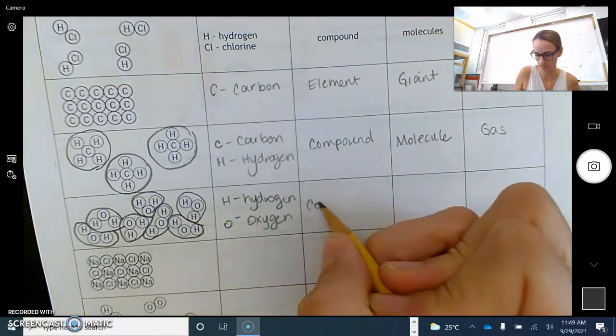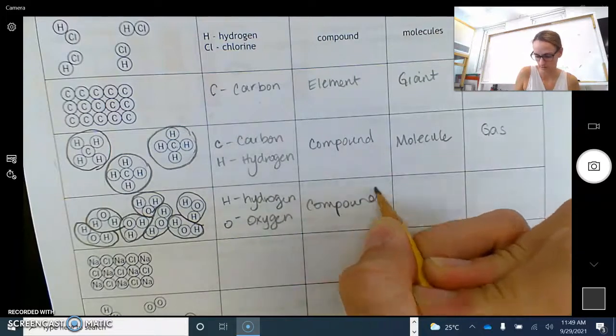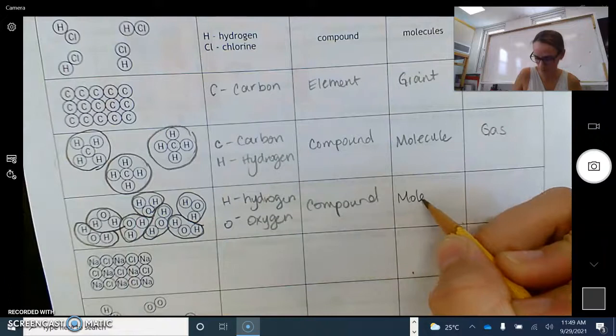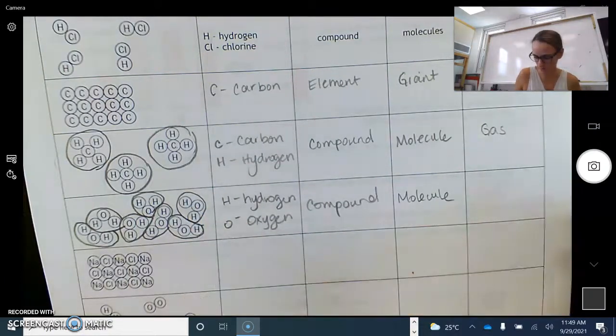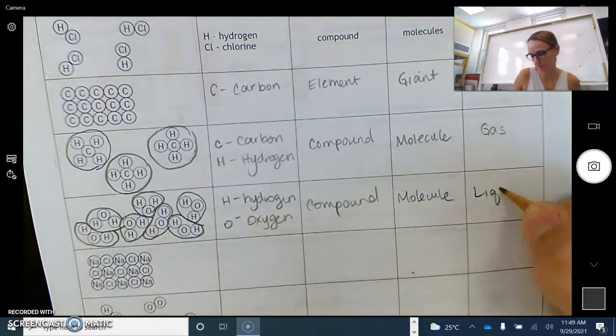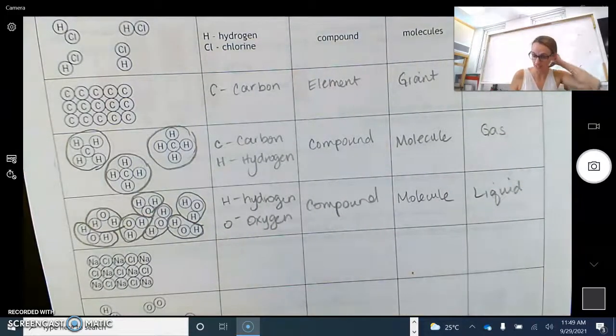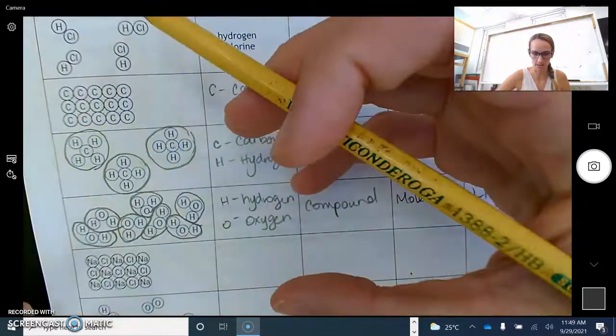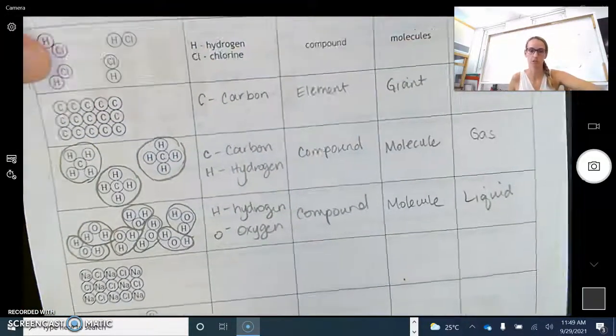They're definitely bonded, so compound. It's individual molecules. It's water, right? Water is H2O. And this would be liquid water. If it was solid ice, they'd be in neater arrangement. If it was a gas, they'd be spread out. So this is a liquid.